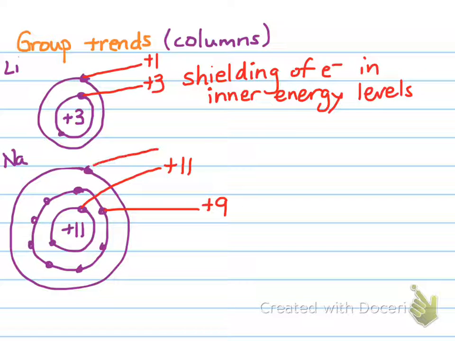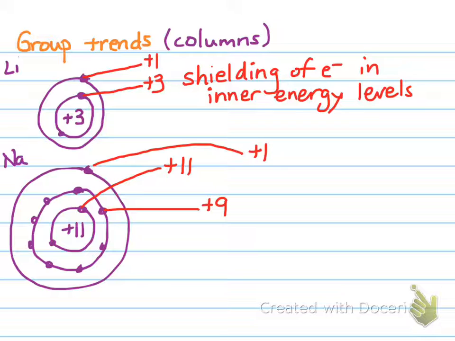When we get to our third energy level, we have 2 electrons shielding in the first energy level. We have 8 electrons shielding in the second energy level, totaling 10 electrons, which means we're reducing that pull of +11 by 10, which leaves us a pull of +1.